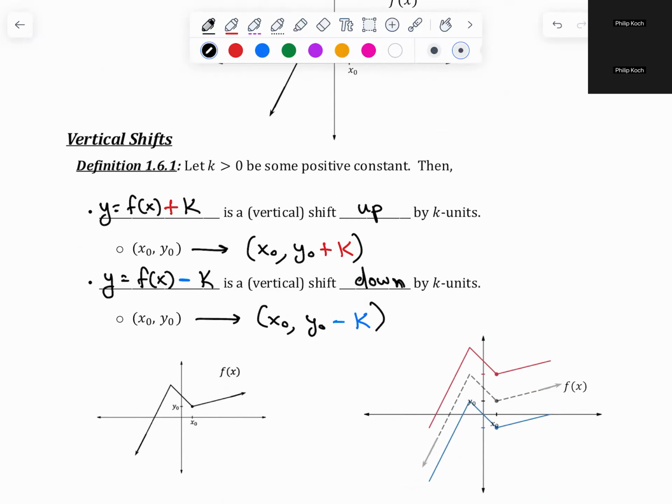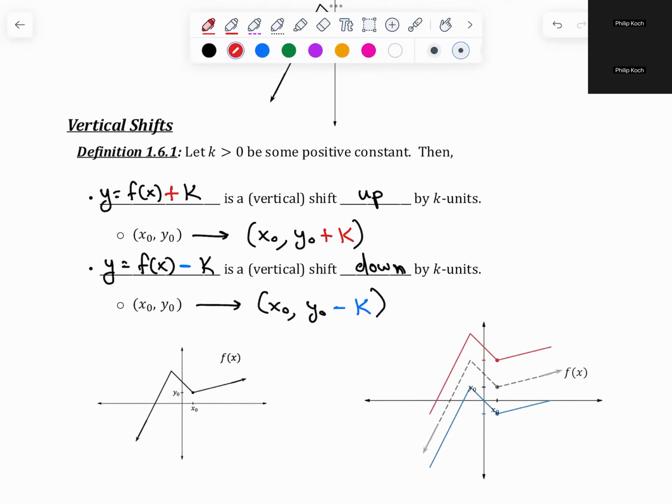comma, y naught minus k. And so I've got kind of a visualization of this. Imagine, like on Word, you highlight a little image and you're just shifting it up or down. So notice that nothing has happened to the x coordinates of these. The only thing that's changed is the y coordinates have either gotten shifted up in red or they got shifted down in blue.